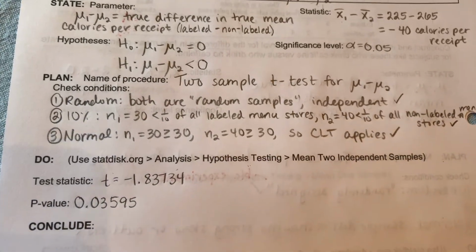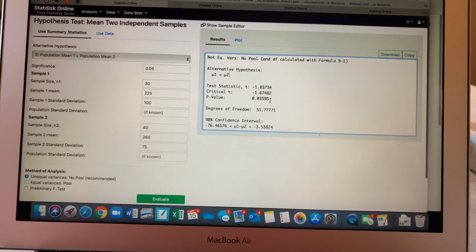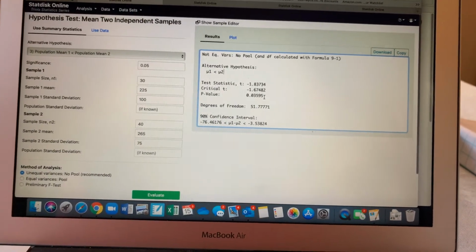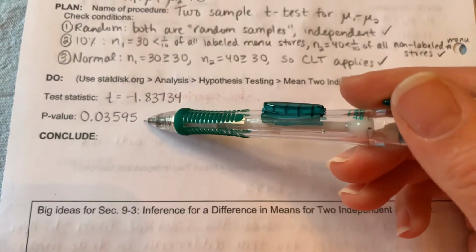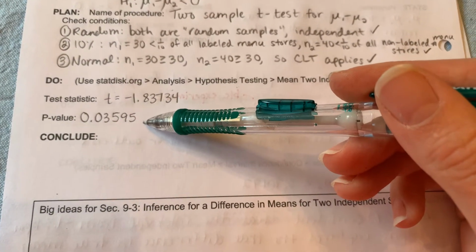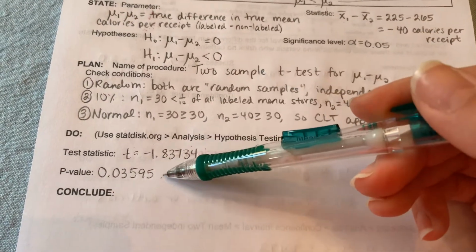Okay, just copying that from that computer output again here. So one of the reasons we didn't just start using these computer outputs from the very beginning is that we have to understand what the p-value represents and how we interpret it. So remember, this is the probability of getting sample results like the ones we got purely by chance, assuming the null is true. Now, that's a really low probability.